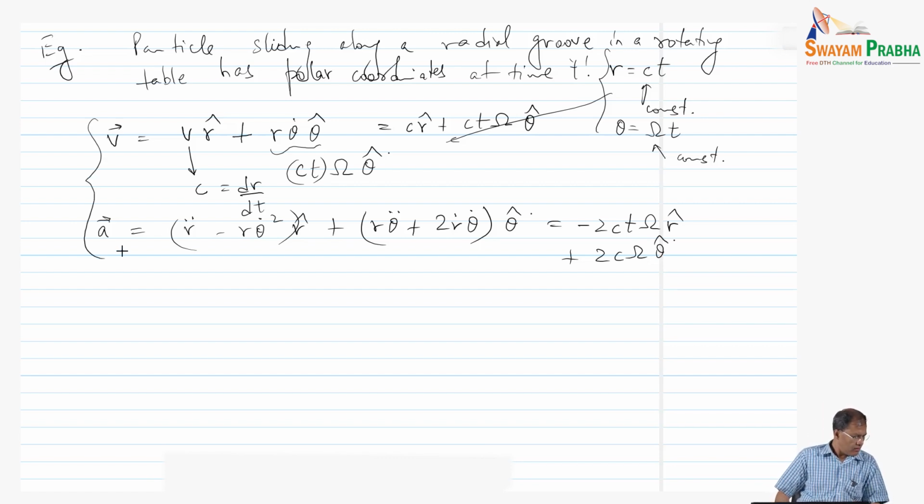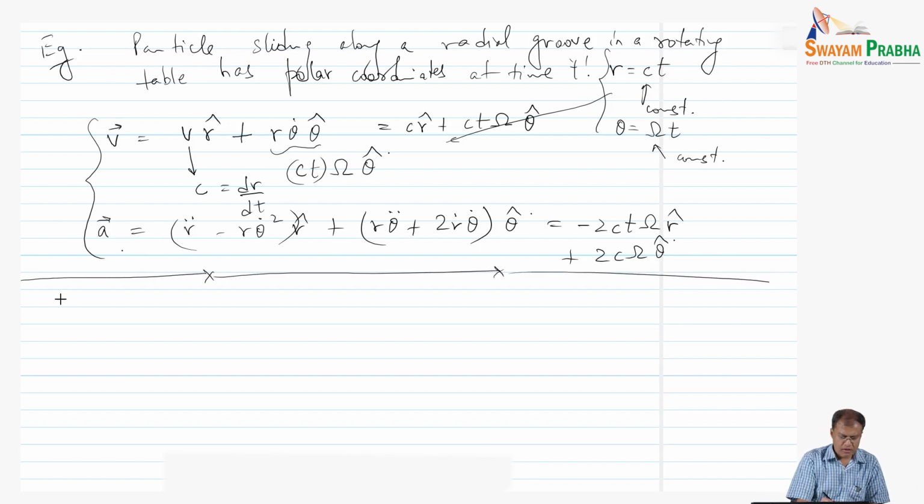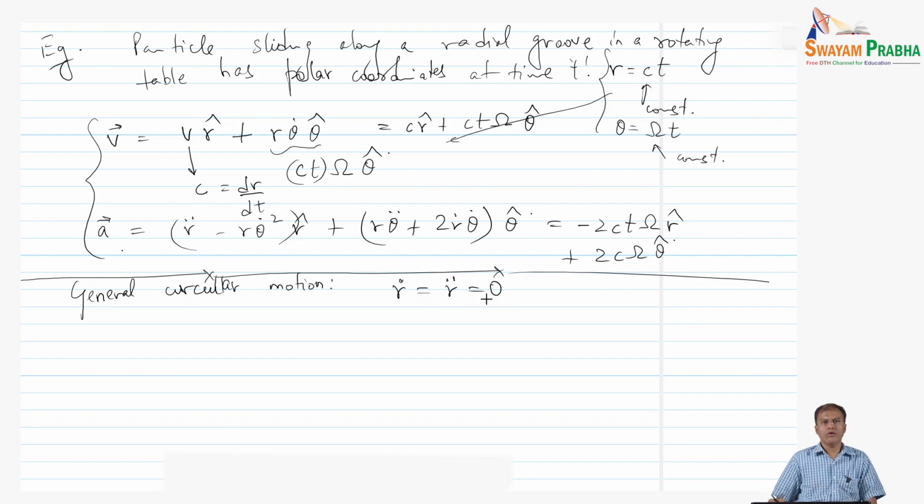So in general, when we have a general circular motion, which is typically uniform, we expect that r dot and r double dot are 0.